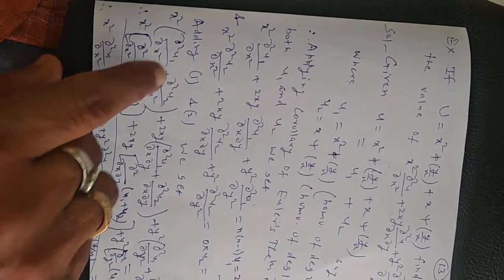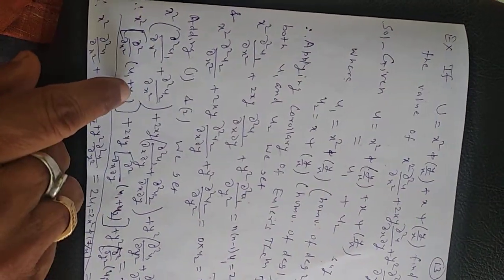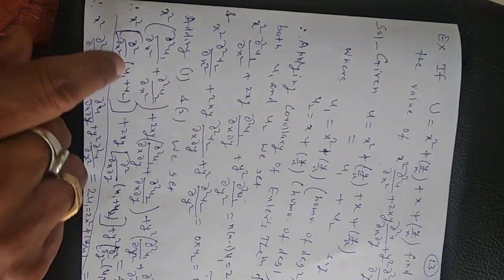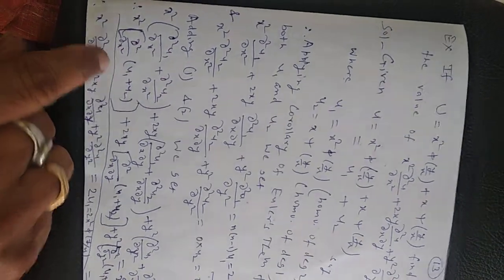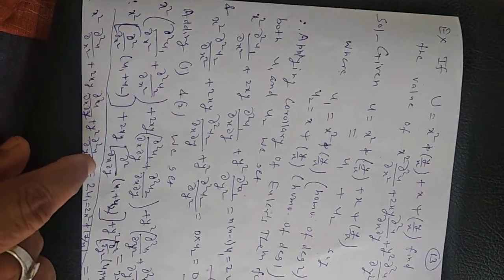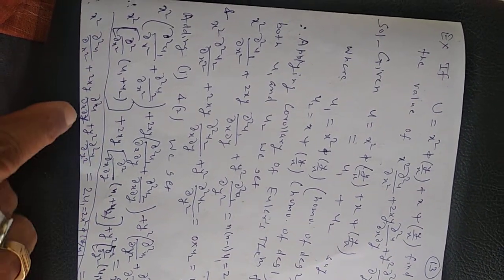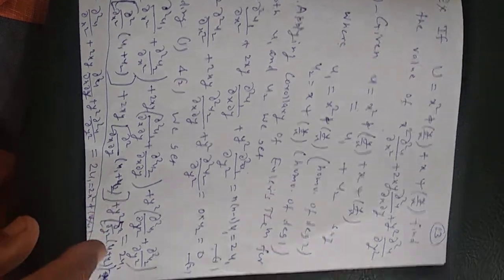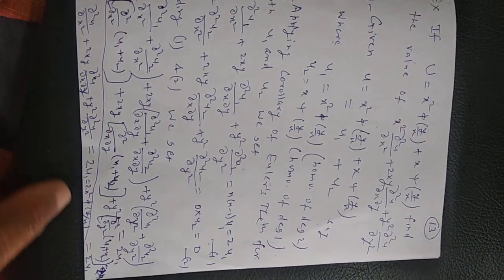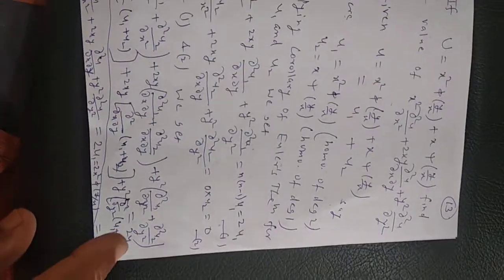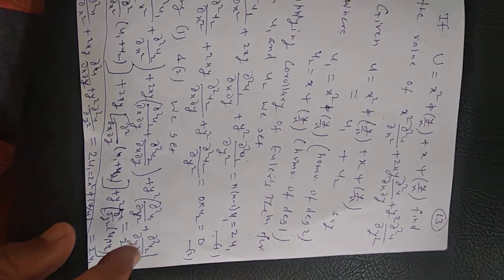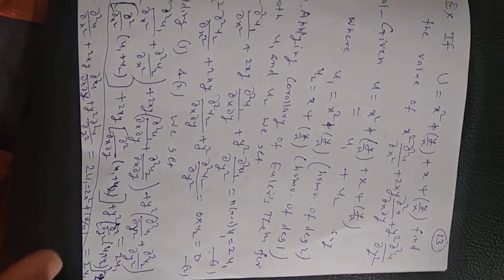So this first bracket is dou 2 u by dou x square, the second bracket is dou 2 u by dou x dou y, and the third bracket is dou 2 u by dou y square. And the addition of the RHS is 2u1 plus 0, that is 2u1.